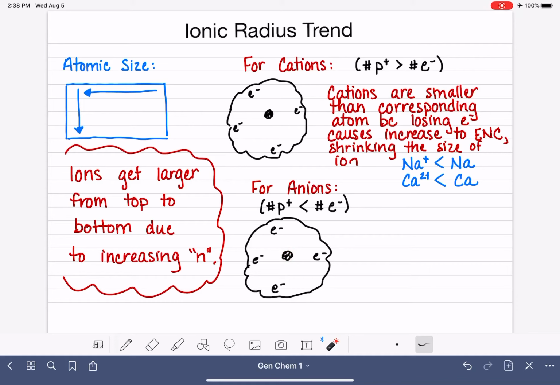So the electrons have a decreased sensation of the positivity of the nucleus. Their effective nuclear charge has gone down, which causes them to expand or move away from the nucleus. This causes anions to be larger. So anions are larger than their corresponding atom.